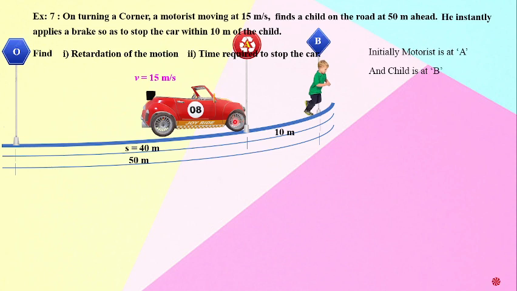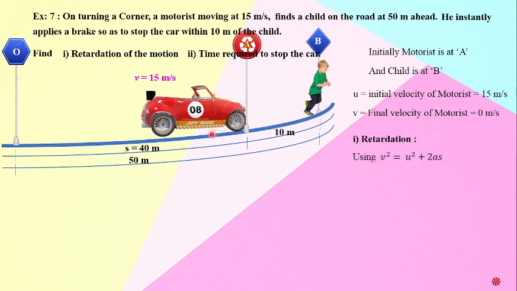So here initially the motorist is at point A and the child is at point B. The initial velocity is equal to 15 meter per second. The final velocity is equal to 0 because the car has to come to rest. So there is a retardation. Using the kinematic equation of motion, v square is equal to u square plus 2as, substitute the required and given values.